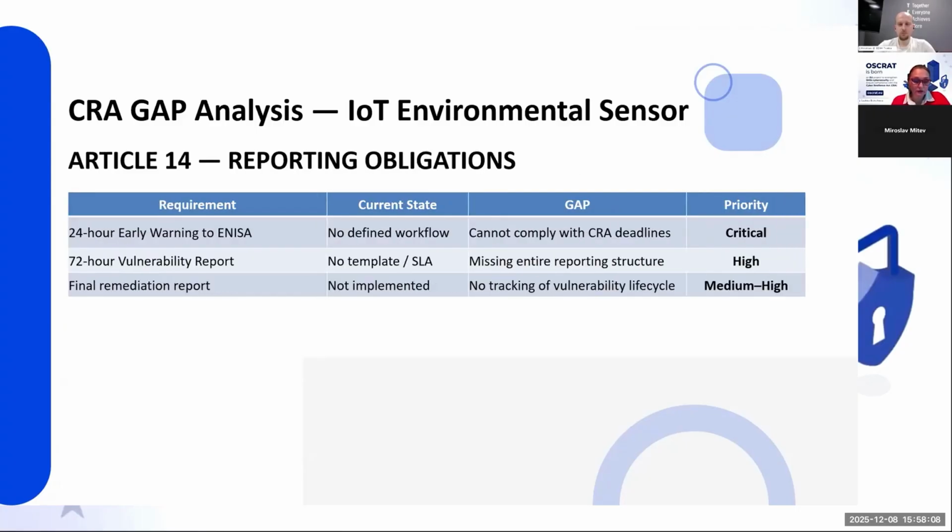Article 14 requires early warning, as Miro mentioned, within 24 hours, and further reports within strict timelines. Organizations must have workflows for detection, escalation, and communication, or otherwise they cannot meet the legal deadlines.